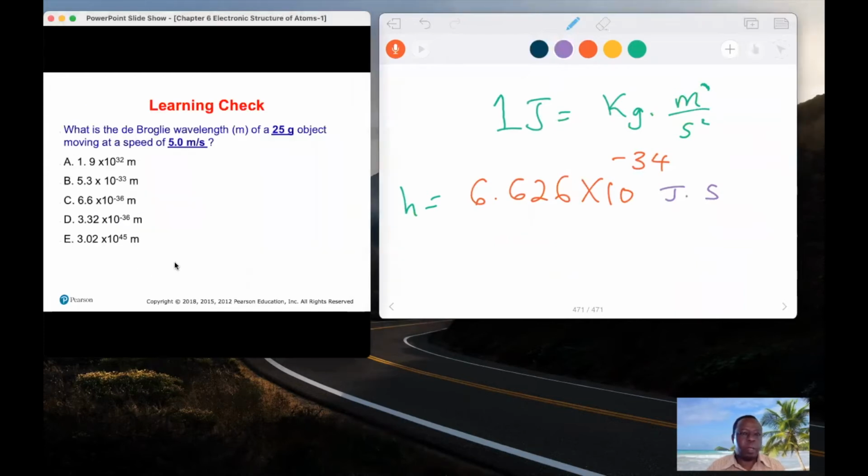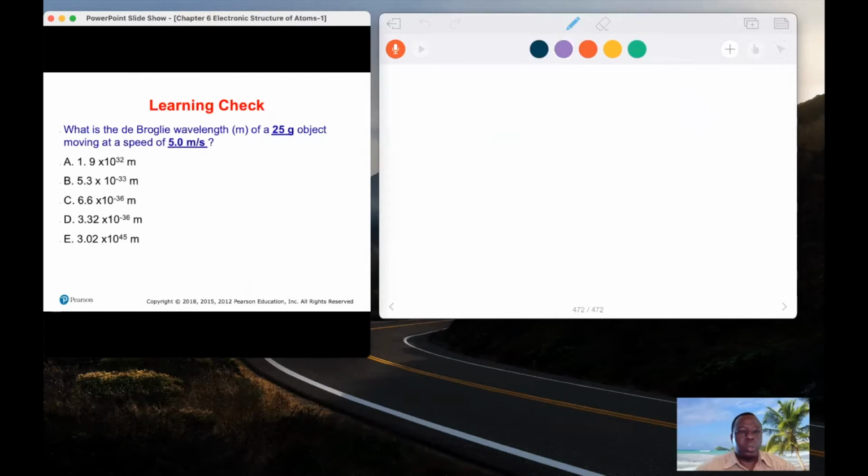Maybe solving one or two problems on this will help on how to calculate the de Broglie. I underline the words de Broglie, so I know we will be using this equation: h, the Planck constant, over mass times velocity.